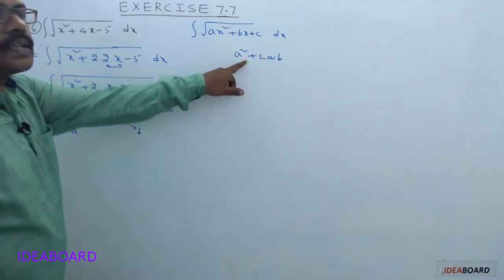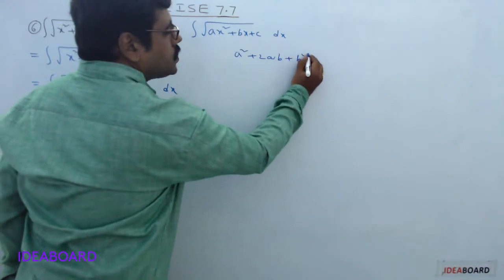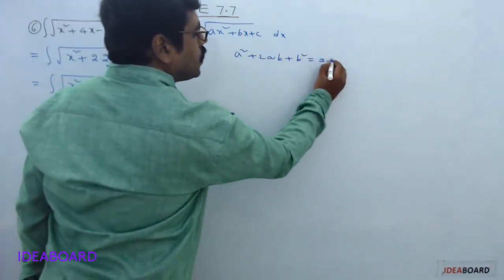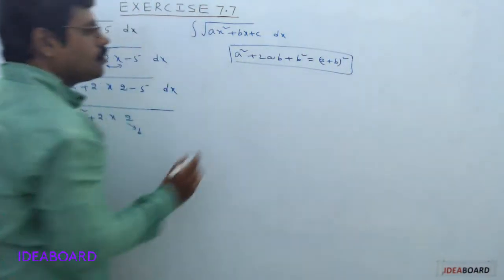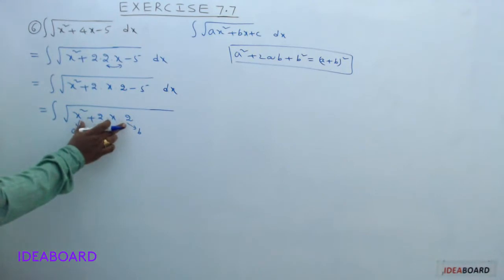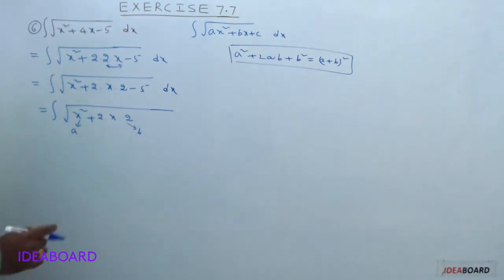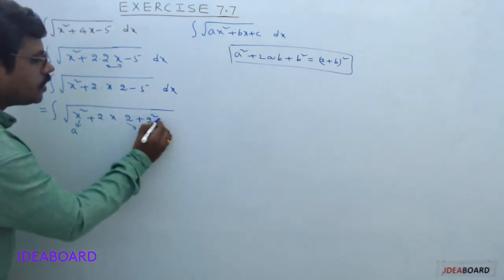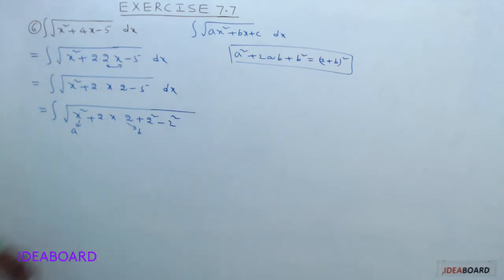To make this expression as a perfect square, we need a constant term b². So a² plus 2ab plus b² is (a+b)². Now here, to make this expression as a perfect square, we need one more term. What is that term? 2².